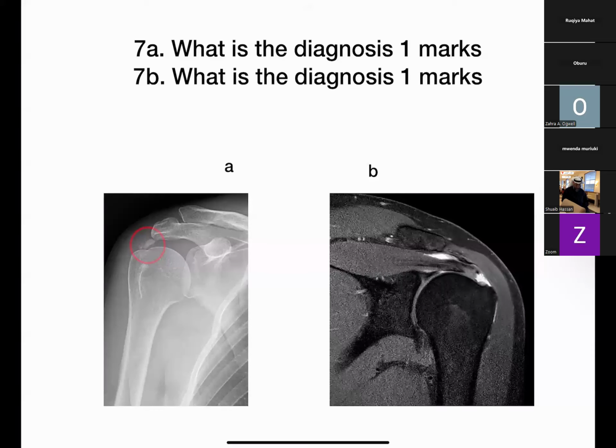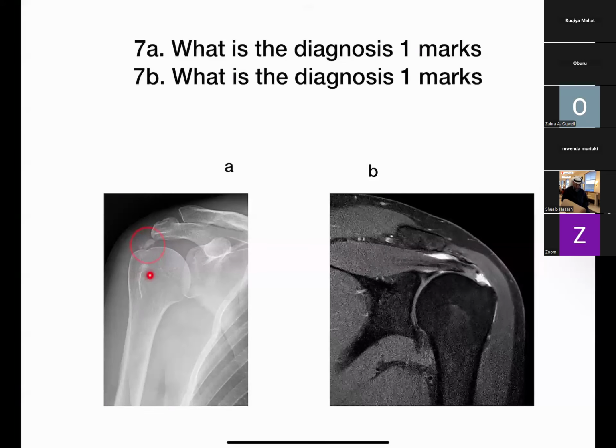Sorry about that. Now, what is the diagnosis in 7A? Sometimes you are really lost, okay? But you can see there's definitely calcification here, okay?